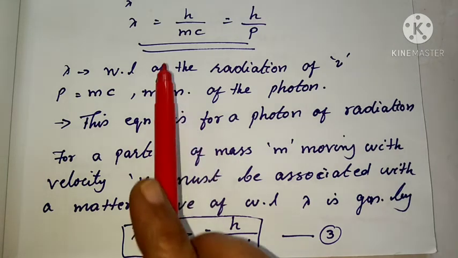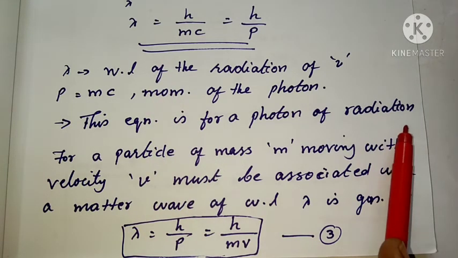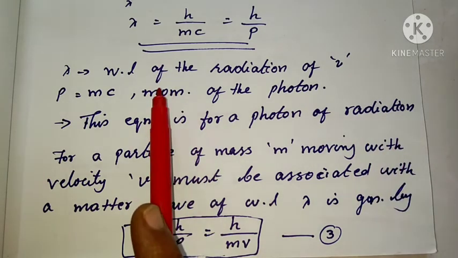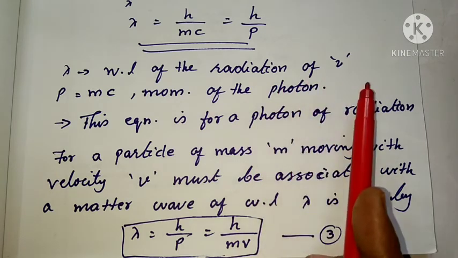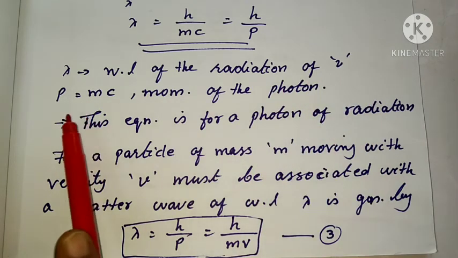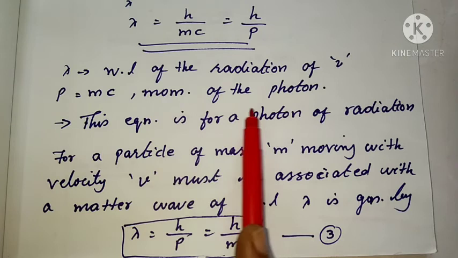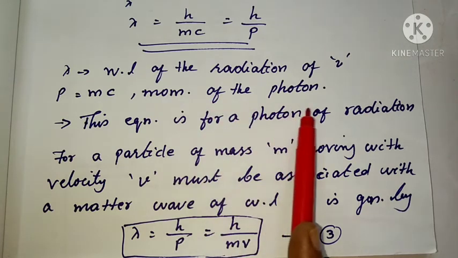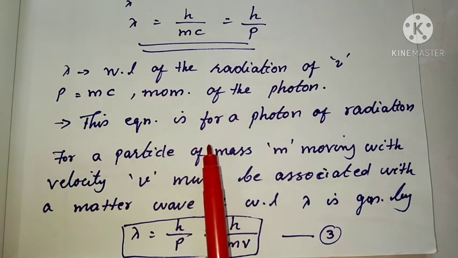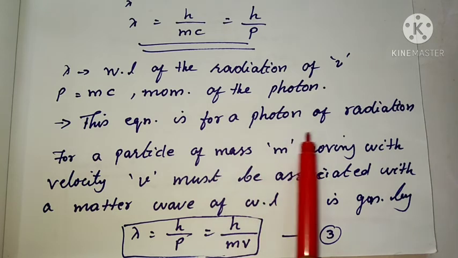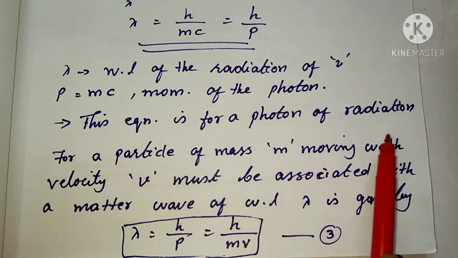This is the wavelength of a photon of radiation. Lambda is the wavelength of radiation of frequency nu, and p equal to mc is the momentum of the photon. So this equation represents the wavelength for a photon of radiation. Clear?